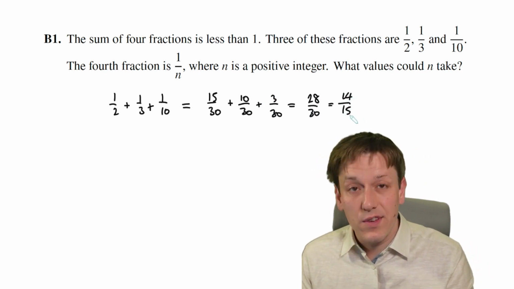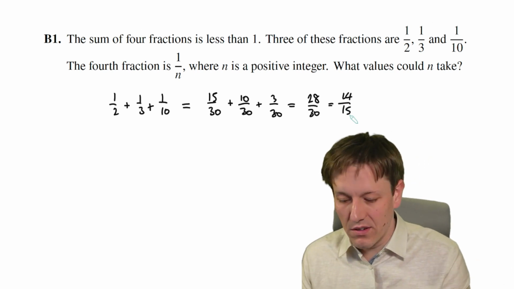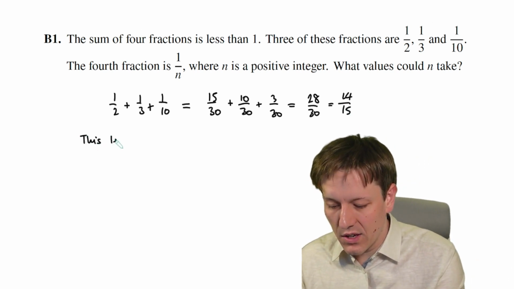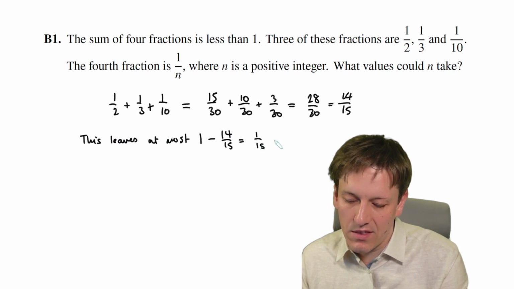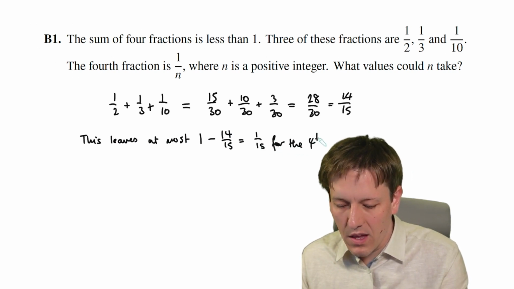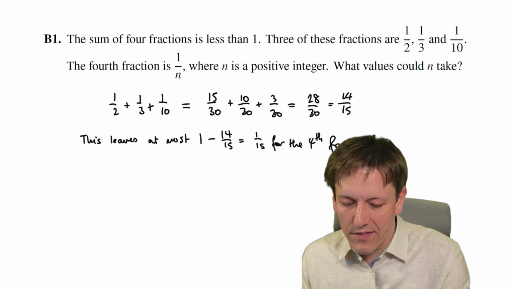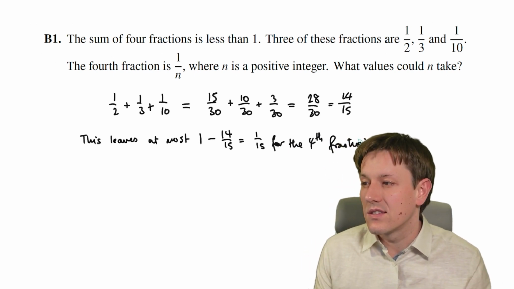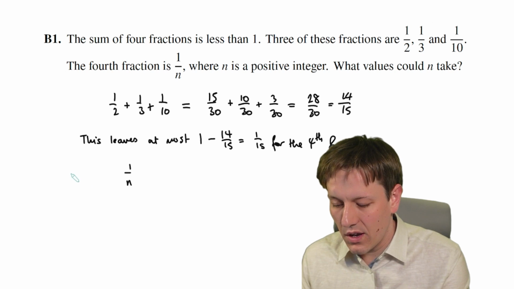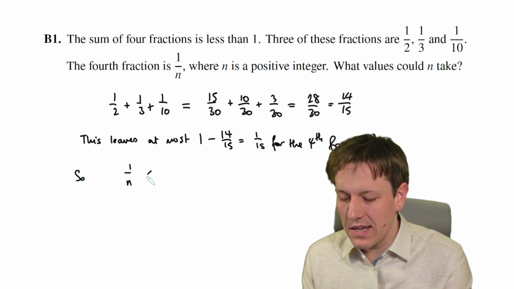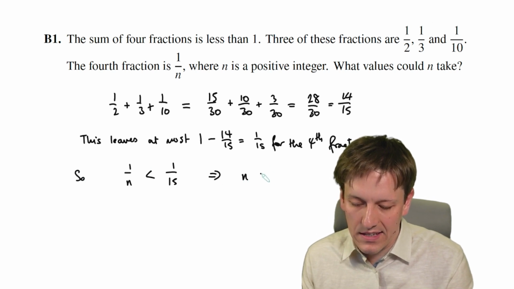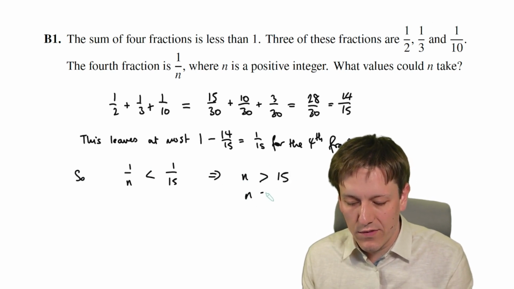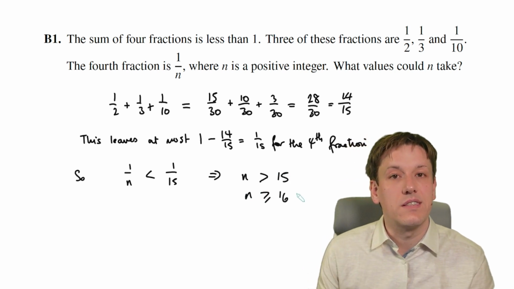So for the 4 fractions combined to not be bigger than 1, this leaves at most 1 minus 14/15, which is 1/15 for the 4th fraction. And so what we have essentially said there is that we need this 4th fraction, 1 over n, to be less than 1/15, and that is to say that n has to be bigger than 15, or if you like, you could say n is greater than or equal to 16.